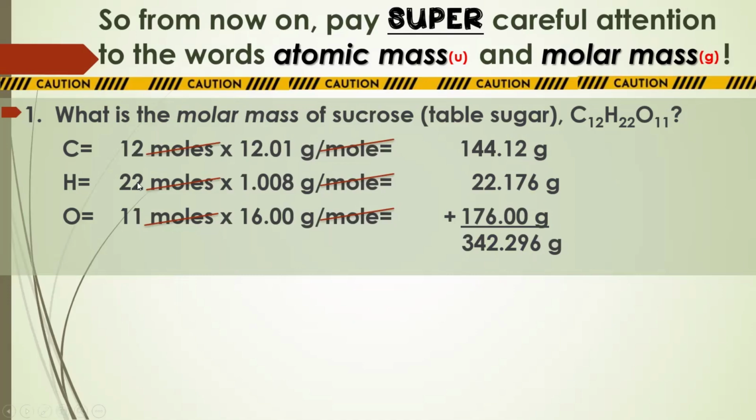Now, the 12, the 22, and the 11 are exact numbers because every molecule of table sugar has exactly those numbers of atoms. So we don't have to limit our answer to 2 digits, but instead we look at these numbers. All of these numbers have 4 significant figures, okay?